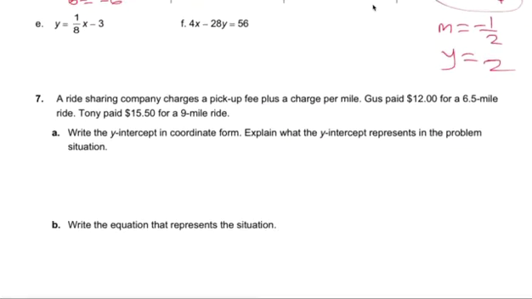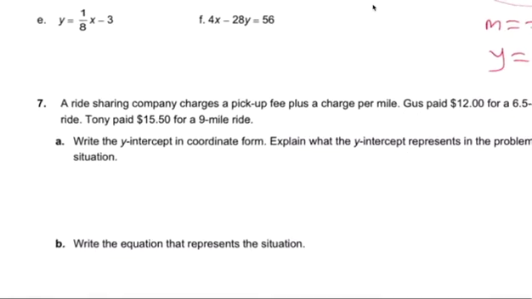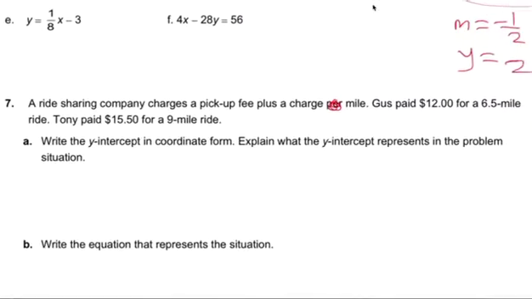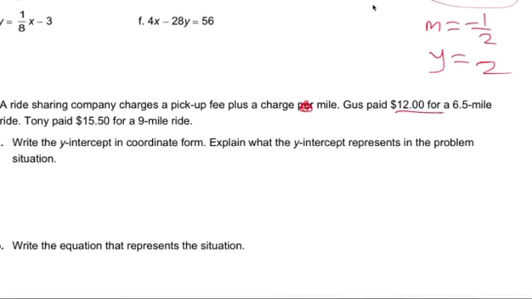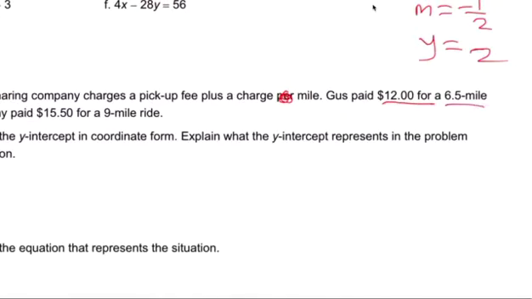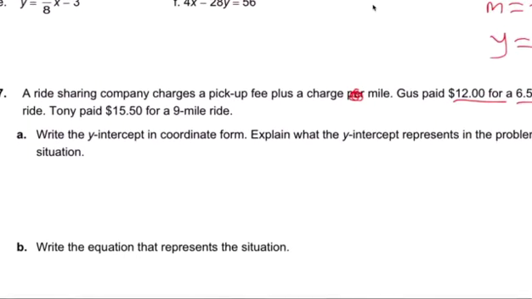Okay, ride-sharing company. Okay, this will be on your quiz. A ride-sharing company charges a pickup fee plus a charge per mile. Gas paid $12 for this many miles. Tony paid this for this many miles.